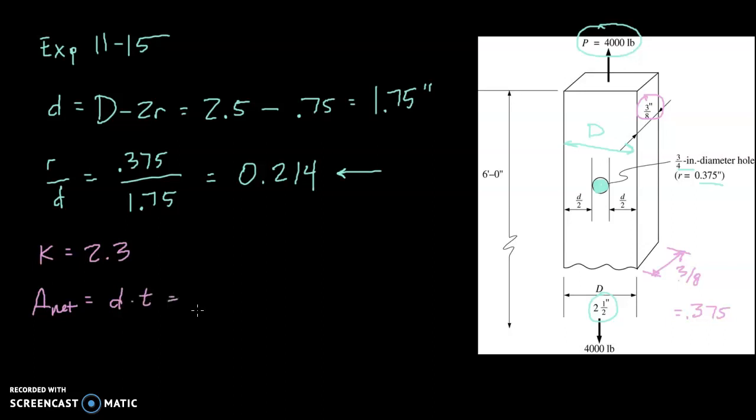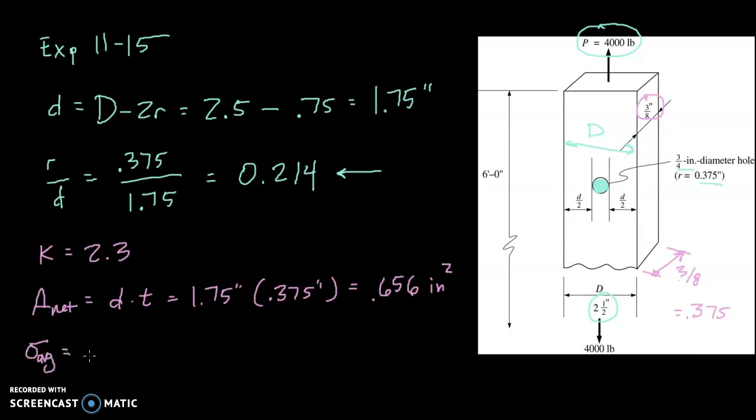So the net width we said was 1.75. We multiply that by 0.375 inches, and 1.75 times 0.375 gives us 0.656 square inches.